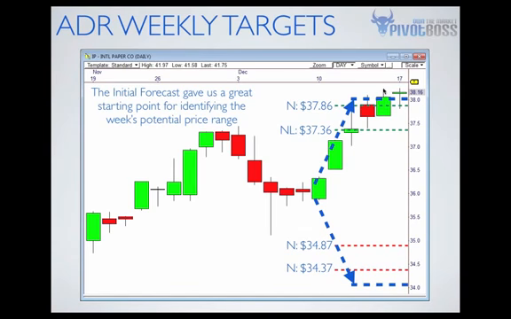The high was just beyond it, but it put us in a very good spot to trade with maximum efficiency. This is where we're headed, so we know to put our target here, or both to scale out, and we got the move, right? And now we focus on the next opportunity.